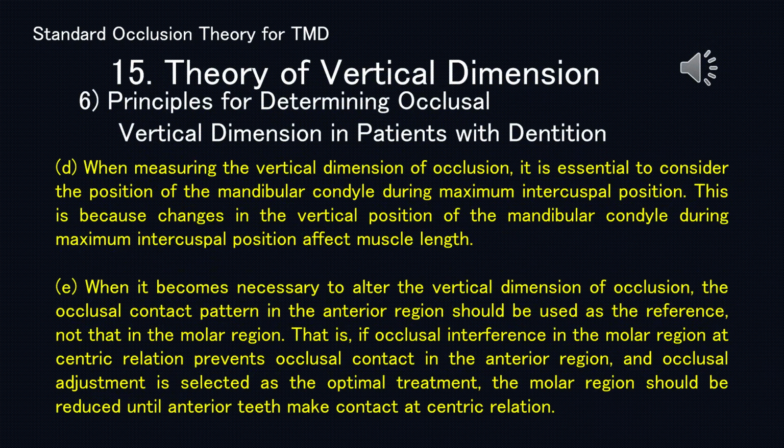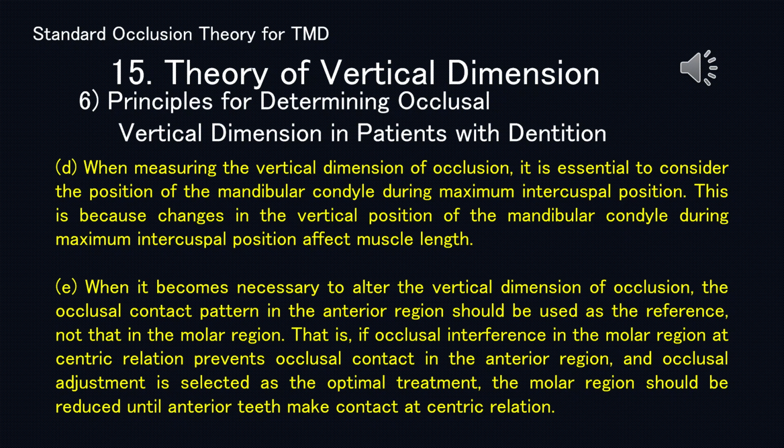D. When measuring the vertical dimension of occlusion, it is essential to consider the position of the mandibular condyle during maximum intercuspal position. This is because changes in the vertical position of the mandibular condyle during maximum intercuspal position affect muscle length.